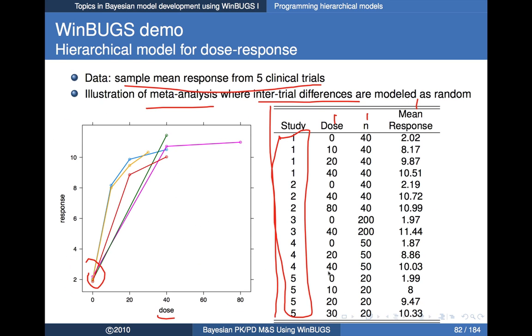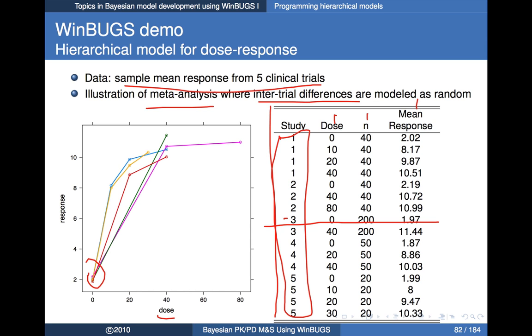Sorry for jumping back and forth too much. So suppose that I is, I don't know, let's suppose it's 8. That would be 1, 2, 3, 4, 5, 6, 7, 8, so that would be this row right here. That would be the 8th row, and so I is 8. That means that study I would be 3 in this case.